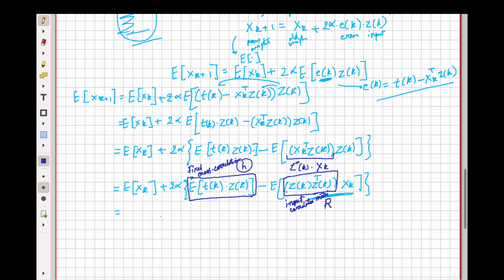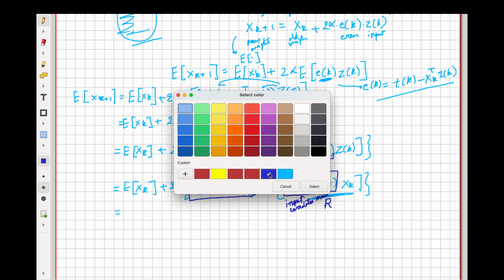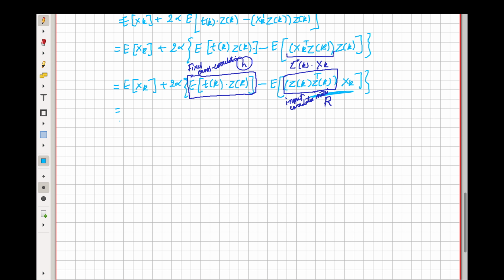We can substitute those in here, and what that gets us is E[x_k] plus 2 alpha, and this part becomes just H, and the other part becomes just R, and then we split this. We are left with the expected value of x_k.